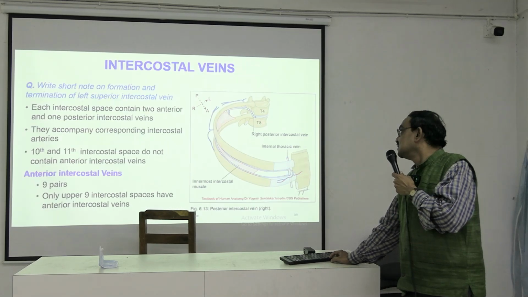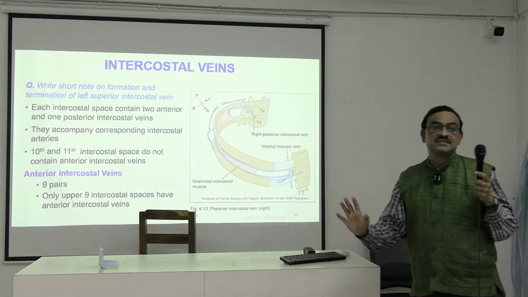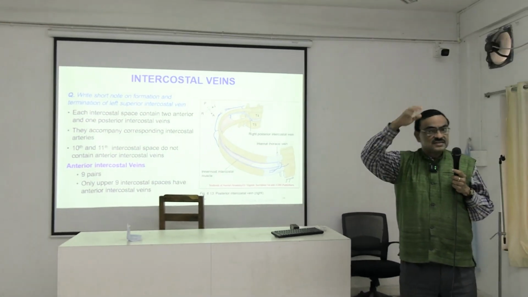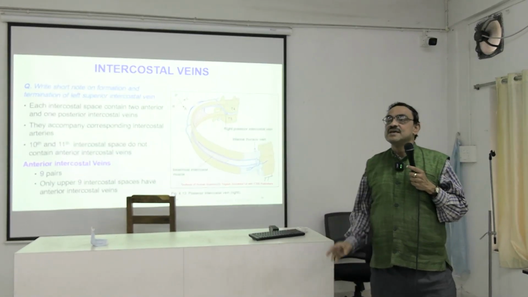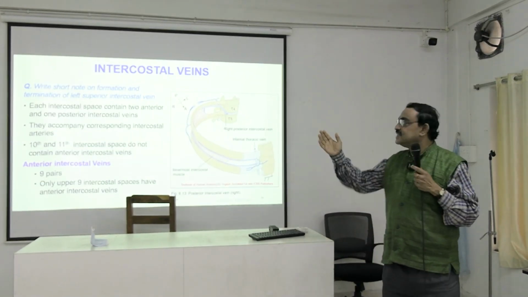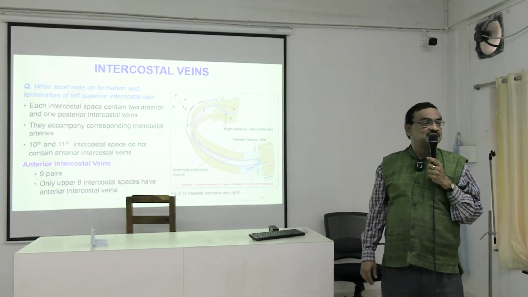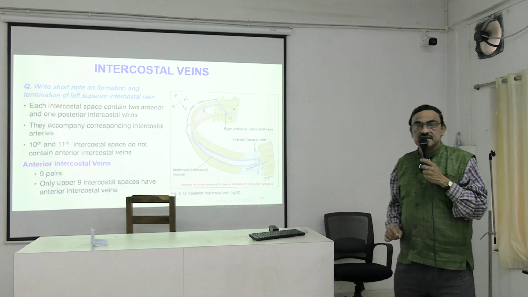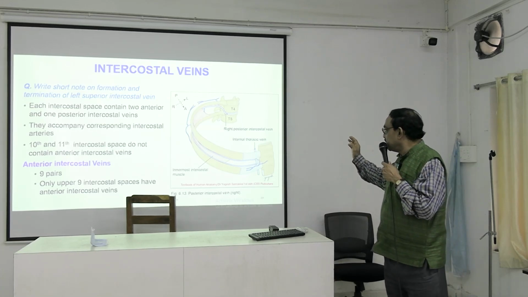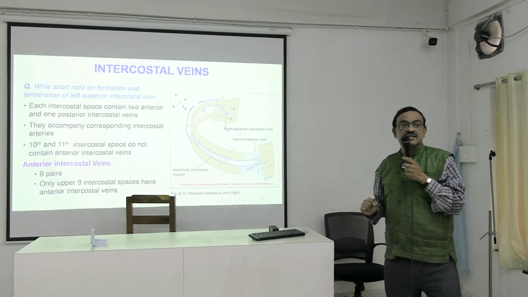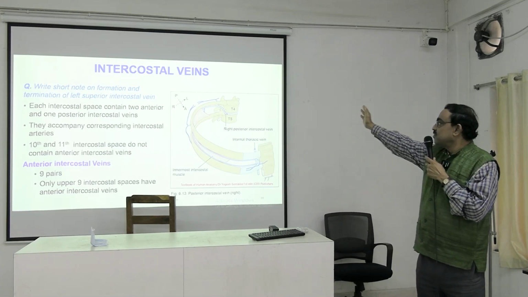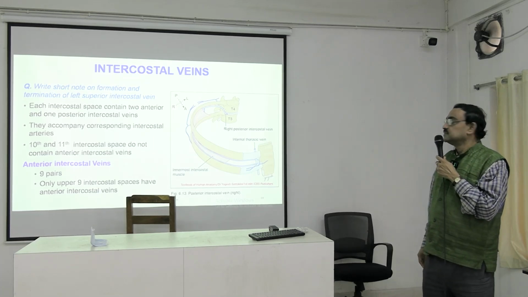Anterior, posterior. Now intercostal veins. Vein, artery, nerve. So veins have a similar course with the artery. The anterior intercostal veins will follow, and they will drain into the internal thoracic vein. And the posterior ones will go to the posterior aspect.